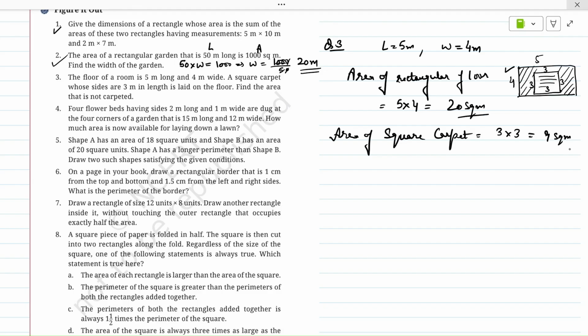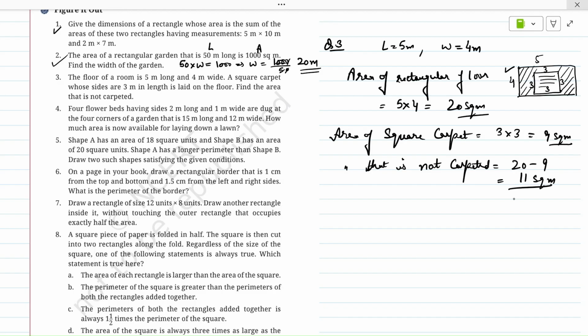So we have the two areas. Now what we have to find is the area that is not carpeted. That is the difference of these two areas, which is equal to 11 square meters.